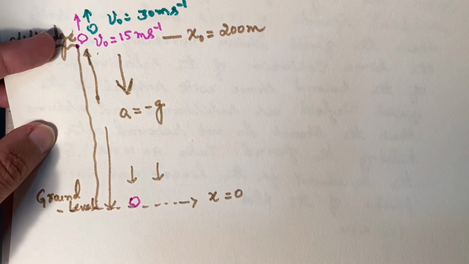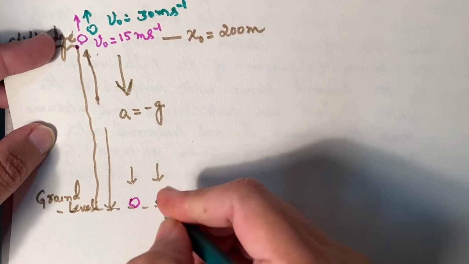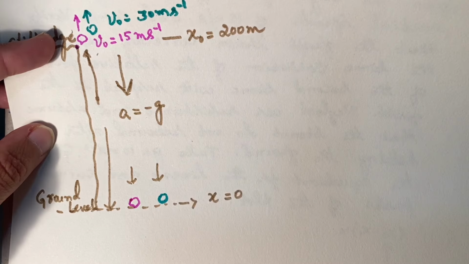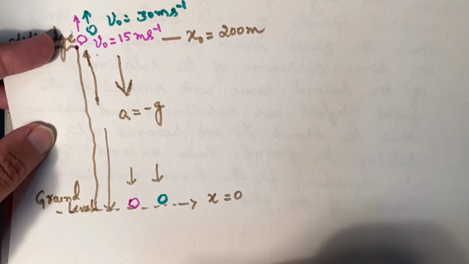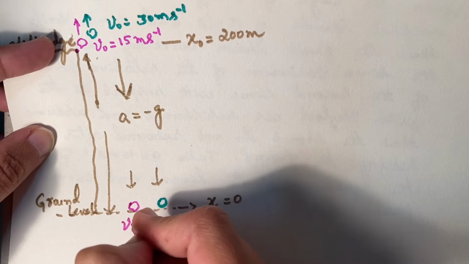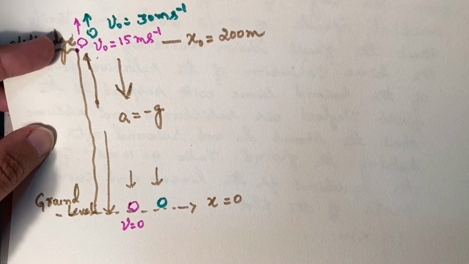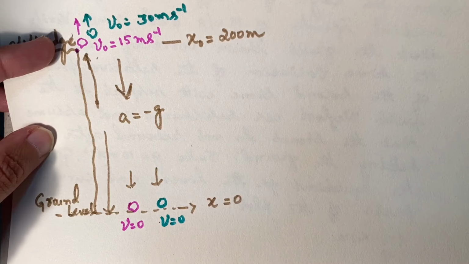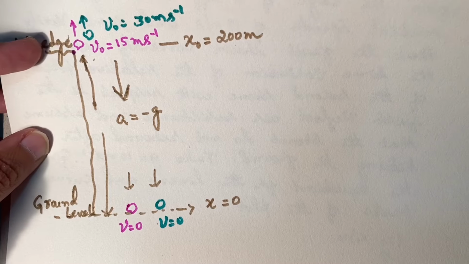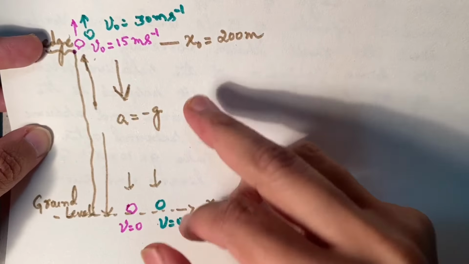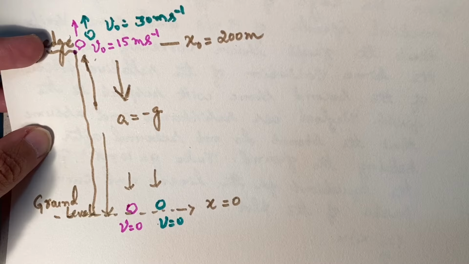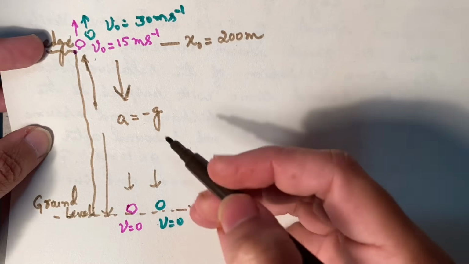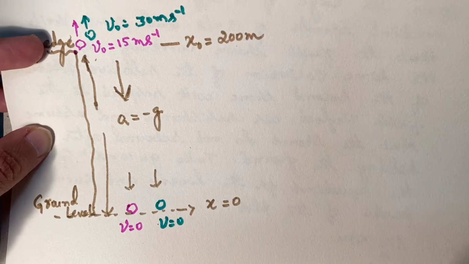The first one as well as the second one, so their initial velocities are known. The final velocities for both the stones would be 0 upon reaching the ground. So this is all the information that we have on hand, and based on this we can use the equations of motion to write an equation that connects x naught, v naught, a and time, right? So time is what we have to calculate.